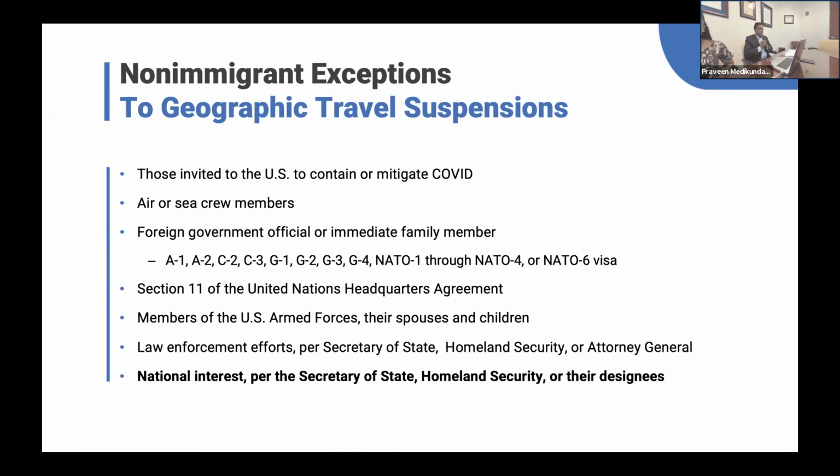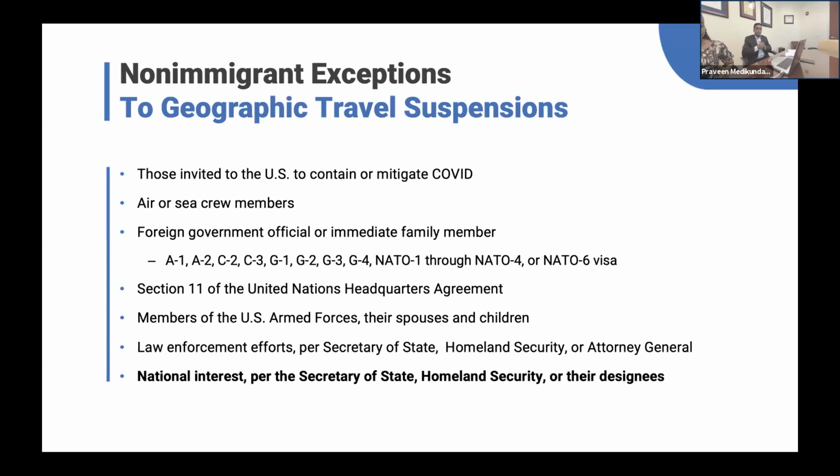Similarly, for law enforcement efforts, per the Secretary of State or Homeland Security or Attorney General's notifications, they allow certain categories of people to travel in the interest of the US, then those people are allowed. And that is what we call the national interest exception, by the Secretary of State and Homeland Security or their designates.